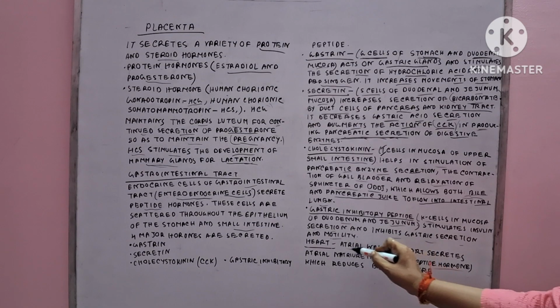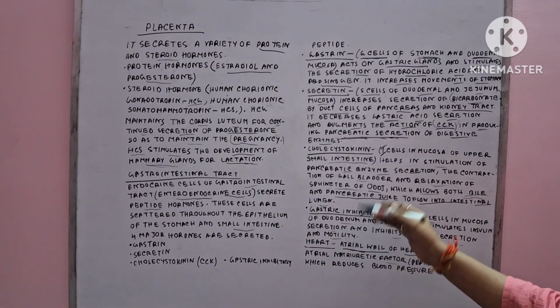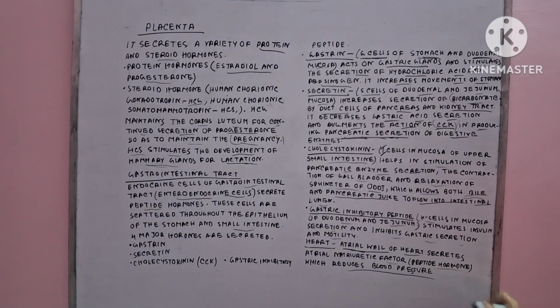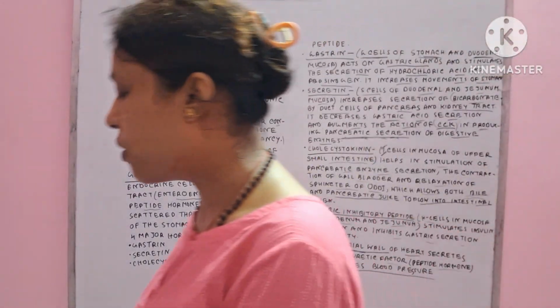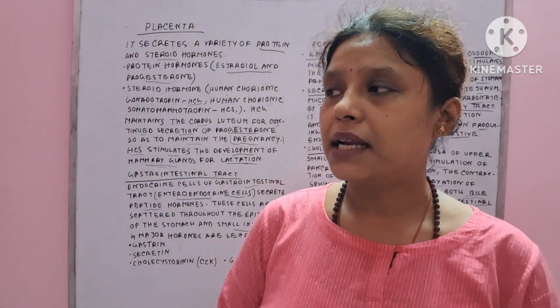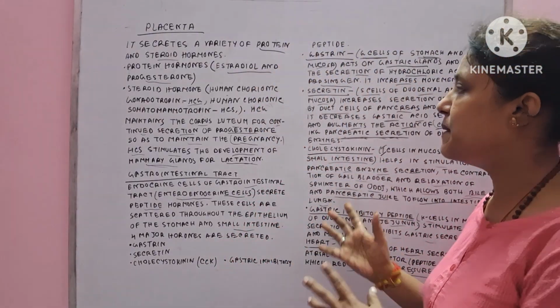The atrial wall of the heart, and its function is to reduce the blood pressure. Clear? So these are the important hormones that are secreted from different organs, and I explained their roles briefly here, so you all understood about this.